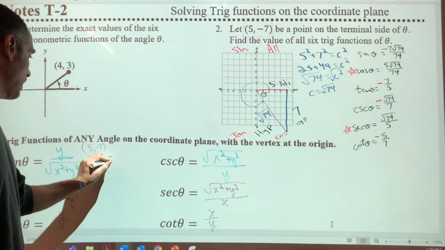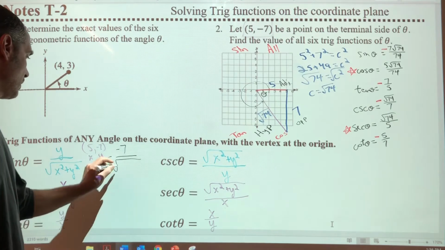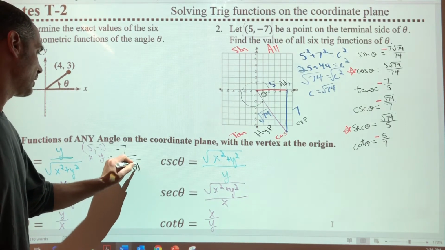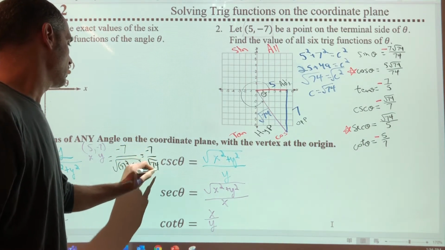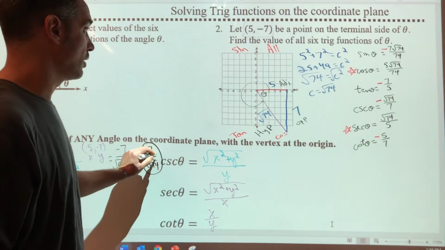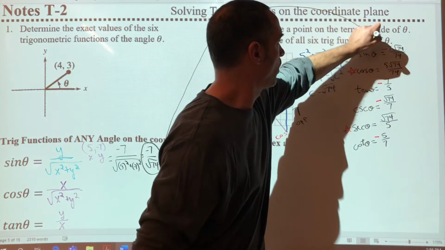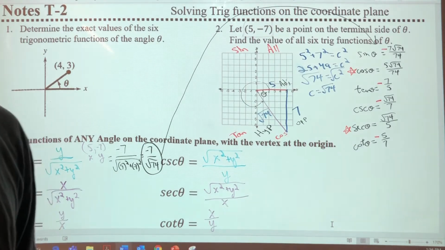So we would have -7 over the square root of 5 squared plus (-7) squared, which is -7 over the square root of 74. And that's the same thing that we got over here. And you'll find it works for all of these functions. So now we have all the trig functions for any coordinate point on the axis.